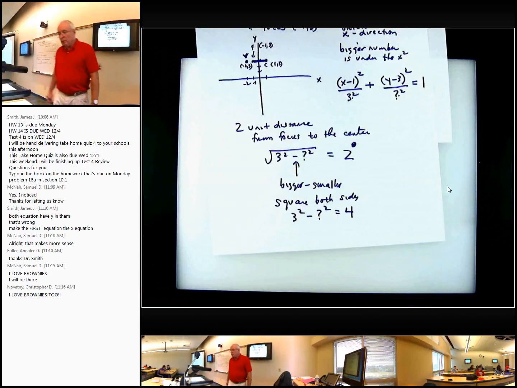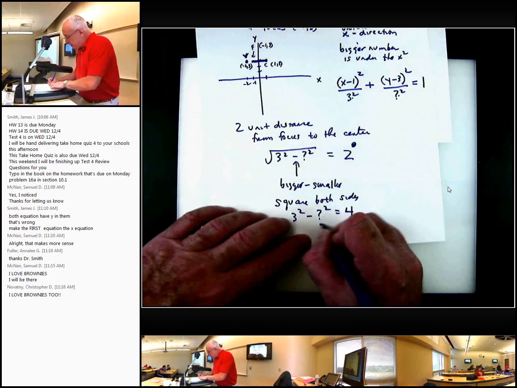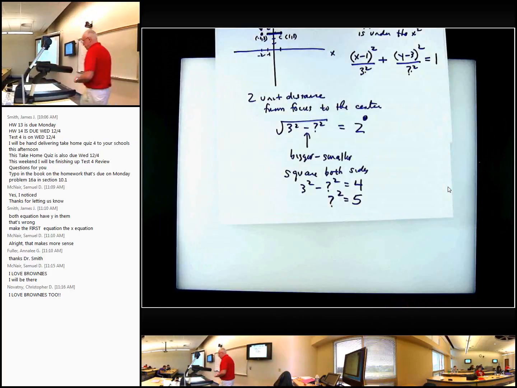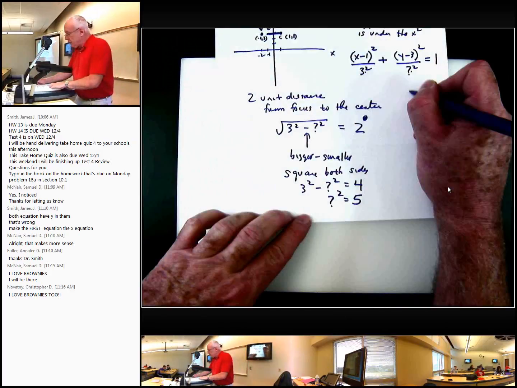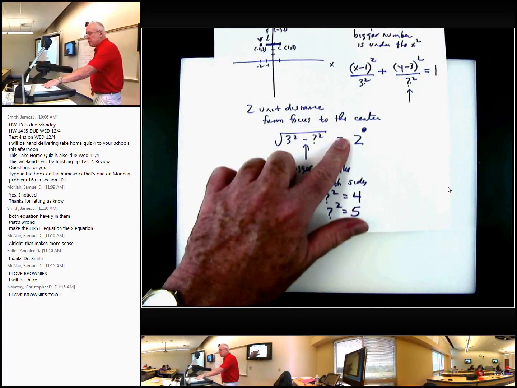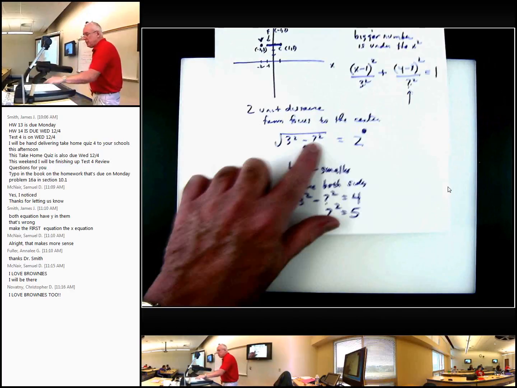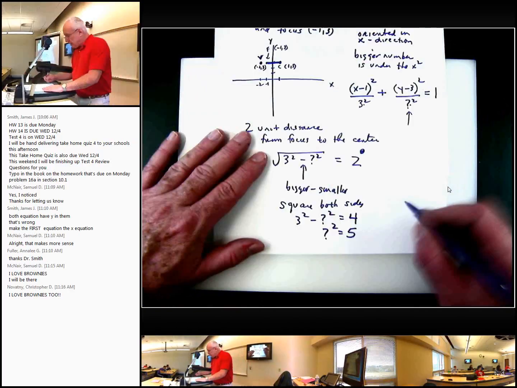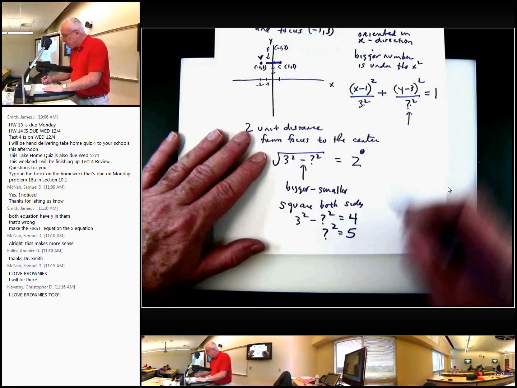So when we do the arithmetic here, we find that question mark squared has to equal the number 5. Since we knew the distance to the focus from the center, we could figure this out by doing the difference and taking the square root. We now know that question mark squared is equal to 5.